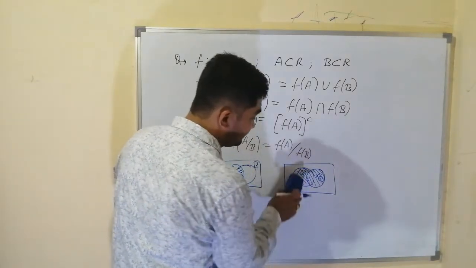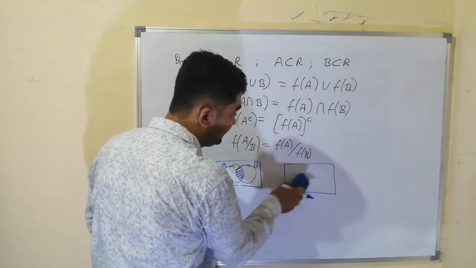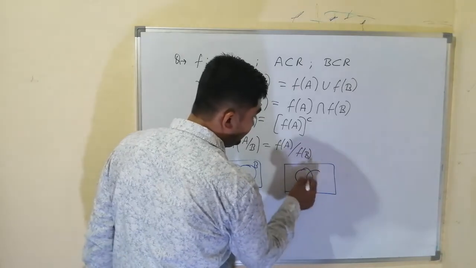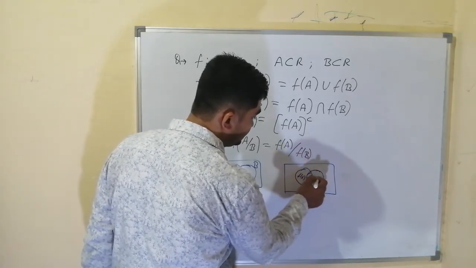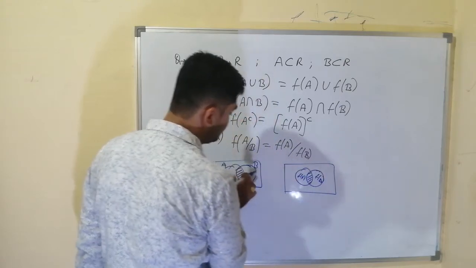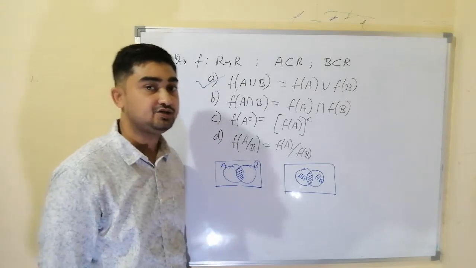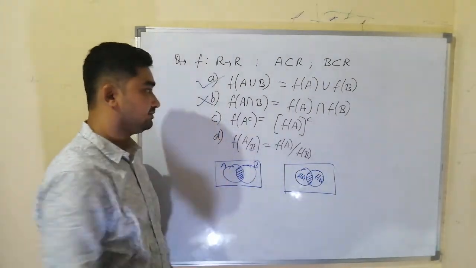If the input is from the common points which are in both A and B, then the output is in f(A) intersection f(B). This is f(A), this is f(B). When the input is from the intersection region, the output should also be from the intersection region. But this is not so.